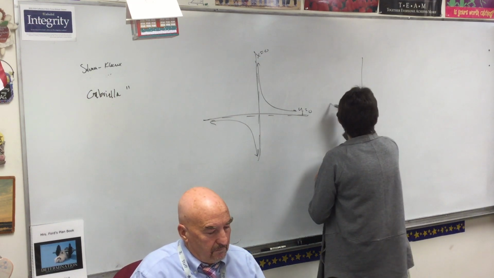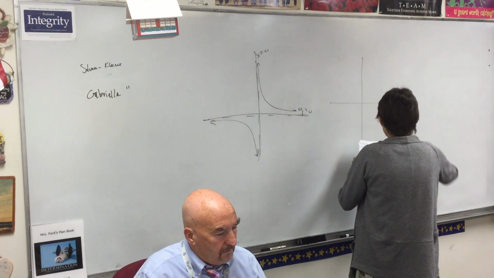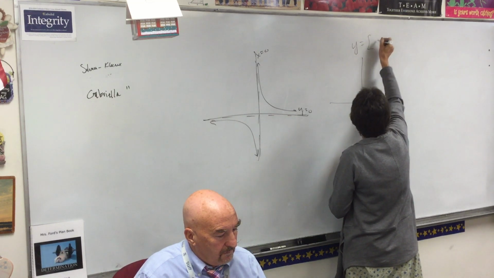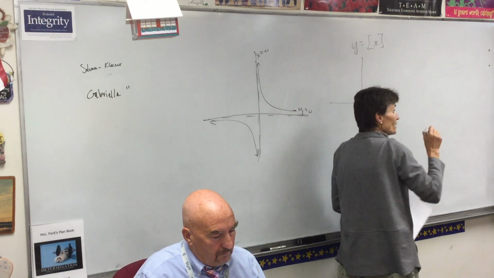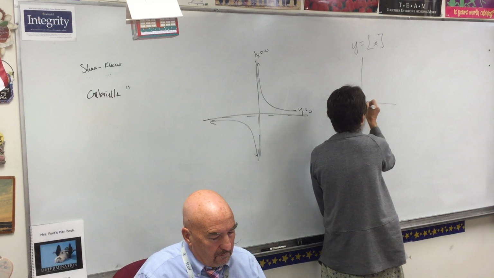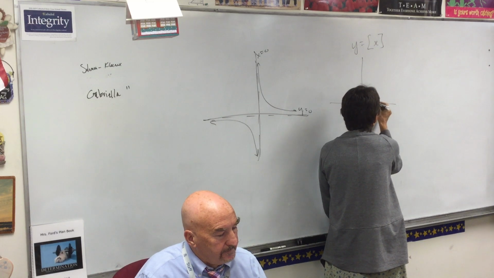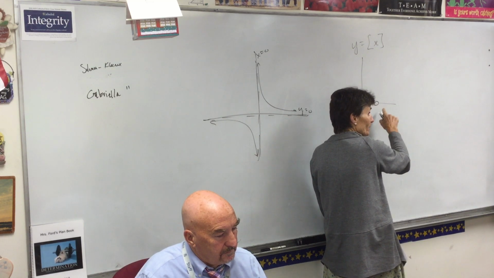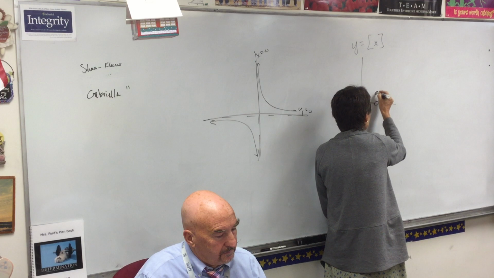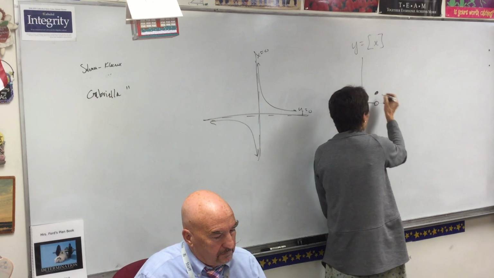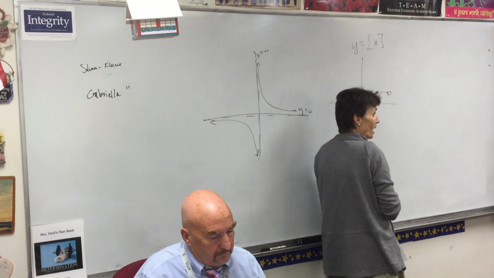All right, what's the next one? Absolute value. Oh, be careful. Yeah, the next one is the greatest integer. And when you graph this one, start with a solid dot on the origin. And then open it up this way. So just go out a little ways. And then right above that open dot, you have another closed dot.